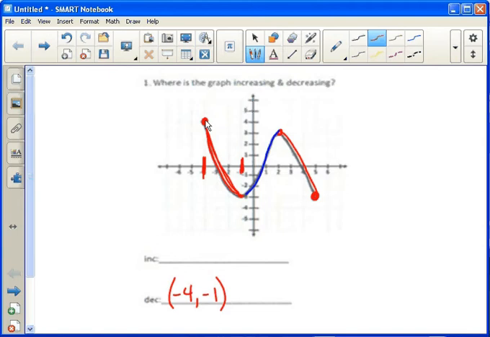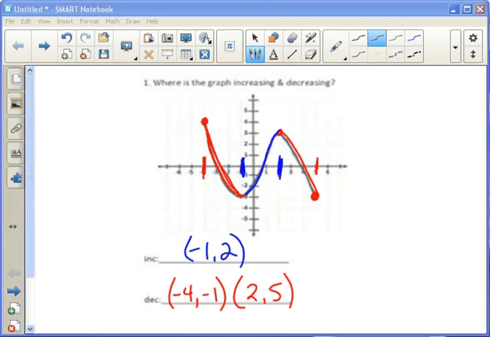And again from 2 to 5. Focus on the x-axis there. So then, increasing, we need to look from -1 to +2.